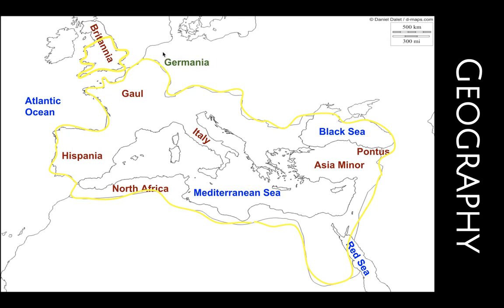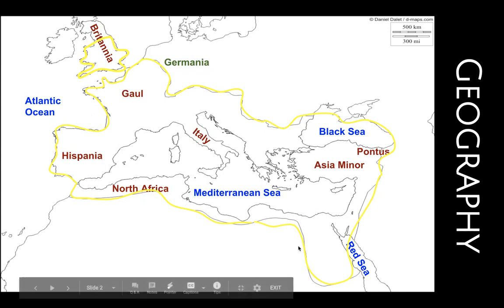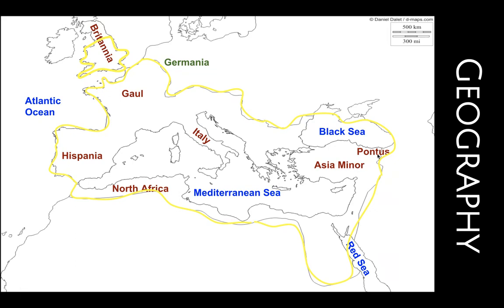Germania was what would be the German states later. Gaul here, and Hispania, Spain, North Africa, Asia Minor, which is today called Turkey. This area right here was Pontus, and of course Italy, the Italian peninsula.